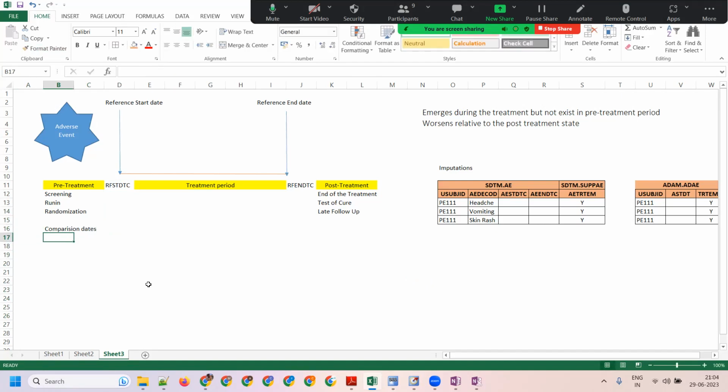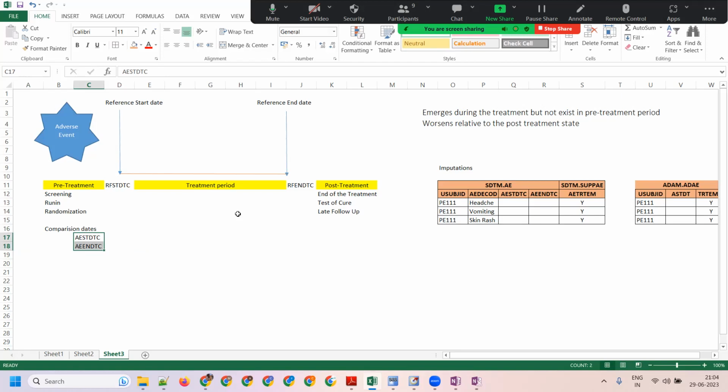I'm going to compare my adverse event start date and time in character format with my reference start date and time. And also I'm going to consider my adverse event end date and time in character format with the reference end date and time in character format. These are the typical four dates I'm going to consider to derive my treatment emergent flag in general. Yes or no? Okay.